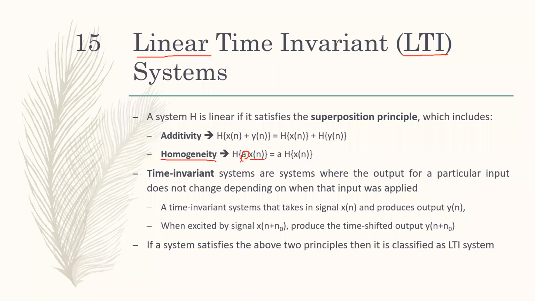Homogeneity implies that if the input is weighted with some factor and the response is taken, and let me call the overall response h of n, this is equivalent to weighting the response with respect to the input. Here I am weighting the response, and here I am weighting the input signal. If these two are equal, then I classify it to be homogeneous.